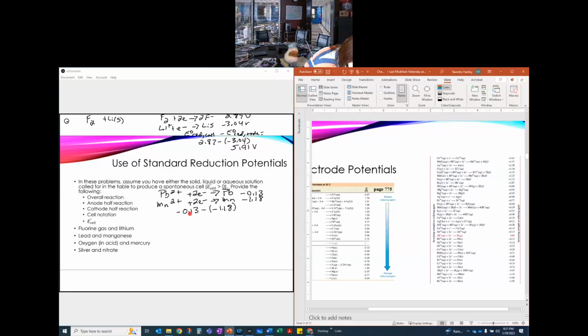So I'm taking E naught reduction for the cathode, which is this one, because reduction occurs at the cathode and oxidation occurs at the anode. So that's why I have that written. And if I do that, negative 0.13 minus the negative 1.18 gives me 1.05. And that is positive, so that will happen the way that it is.